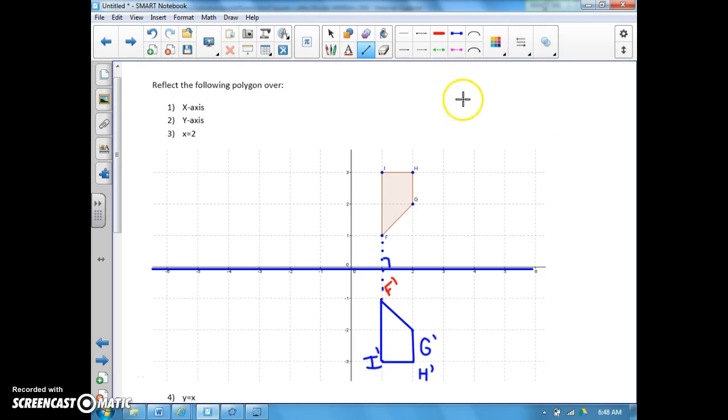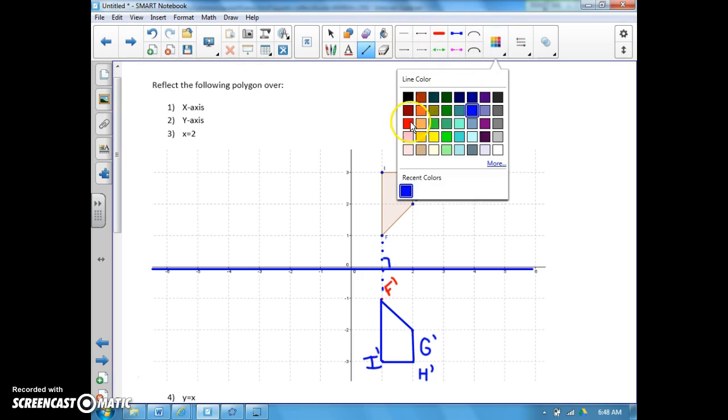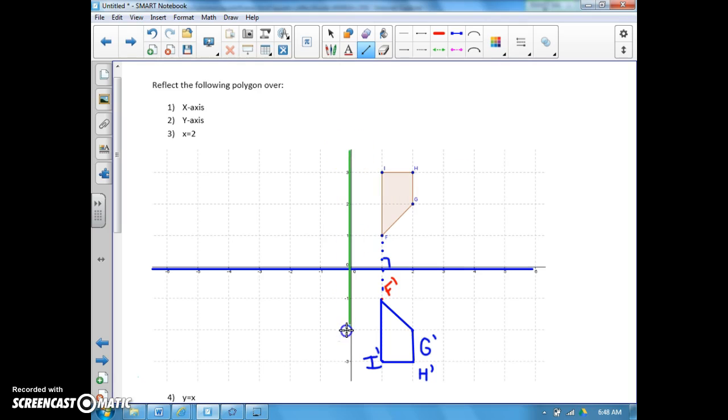Now let's take a look at what happens if we reflect over the y-axis. Okay, let's do green this time. So here's the y-axis. If I want to reflect this shape over the y-axis, I am going to first reflect each point. F is 1 unit away from the y-axis, so I go 1 unit over. For F, I'm going to do this double prime because it's the second shape we're reflecting. G is 2 units away, so we go 2 units this way.